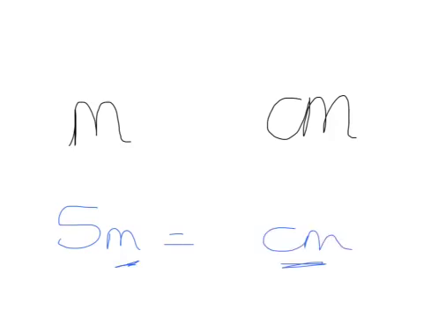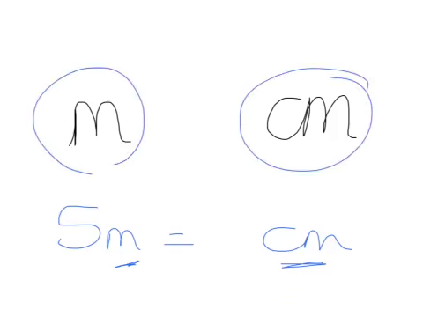Okay, so let's use the same diagram, and let's say we want to find out how many centimetres in 5 metres. So I know a metre is bigger than a centimetre, which is why my metre will go first and my centimetre will go second. My top arrow goes forward and my bottom arrow goes backwards. How many centimetres are there in a metre? That's one of those facts you just need to remember.